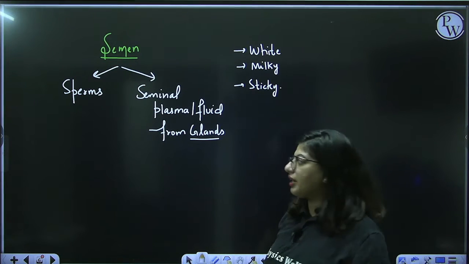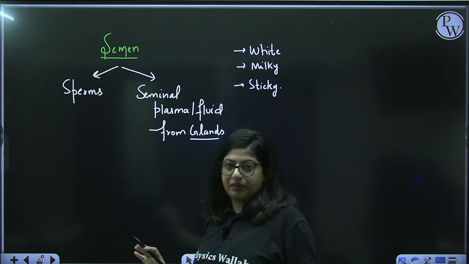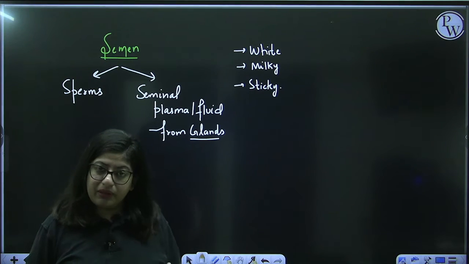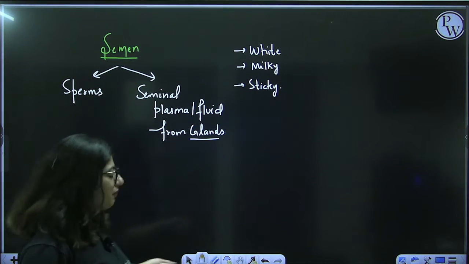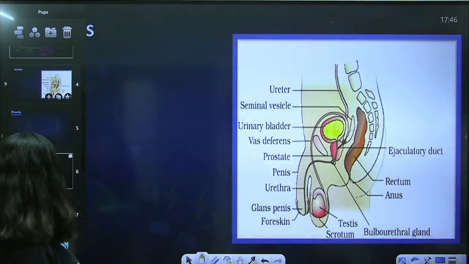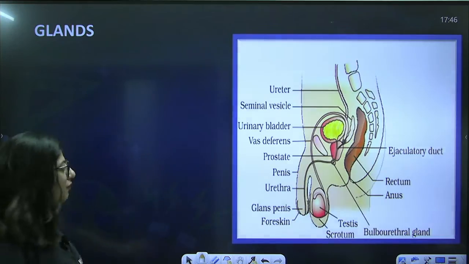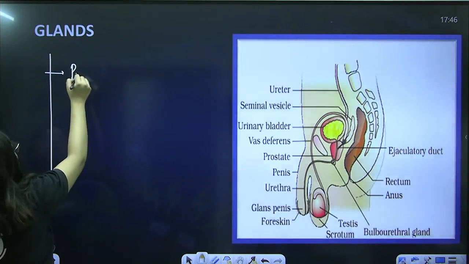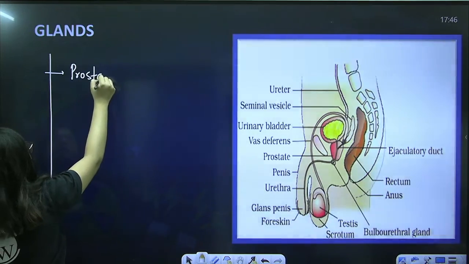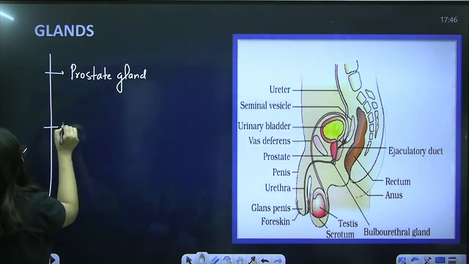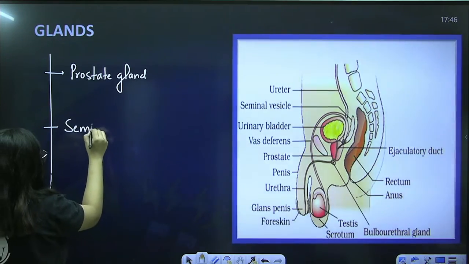It has a stickiness. So this fluid inside the semen, the main base of the semen, is secreted by the very important glands in the male. So the males have 3 types of gland. What are these guys? One is the prostate gland. Second is seminal vesicles.